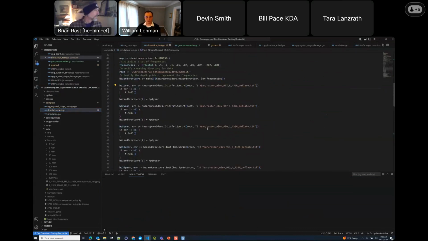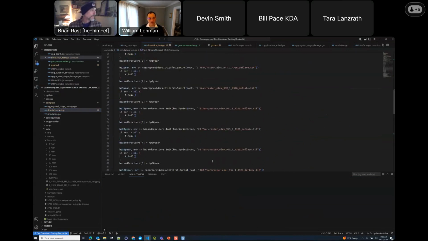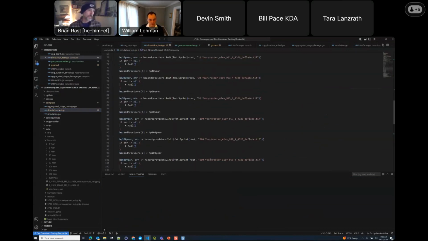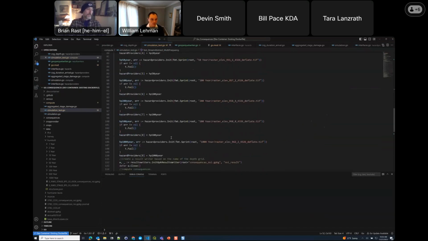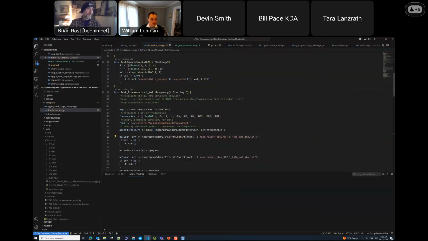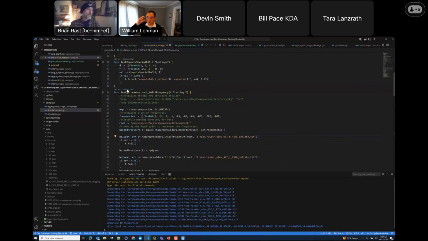So the 1 year, 2 year, 5 year, 10 year, 20 year, 50, 100, so many. We're using the NSI data to be able to compute this loss. And so I'm just going to run this test real quick in debug mode. The very first thing that we'll do is load all those depth grids, load links to all of those.